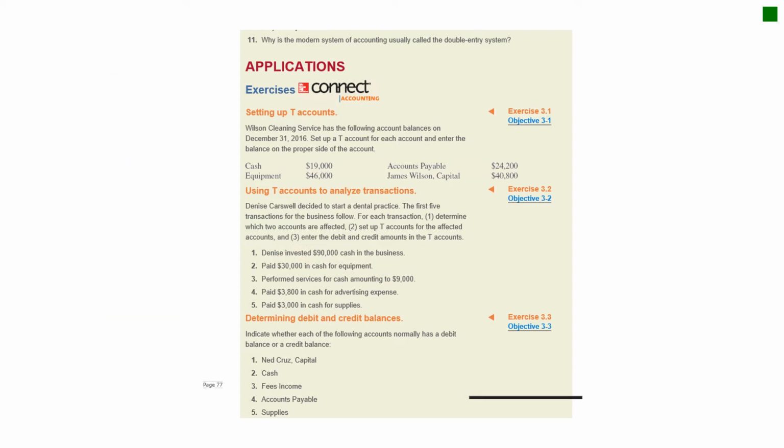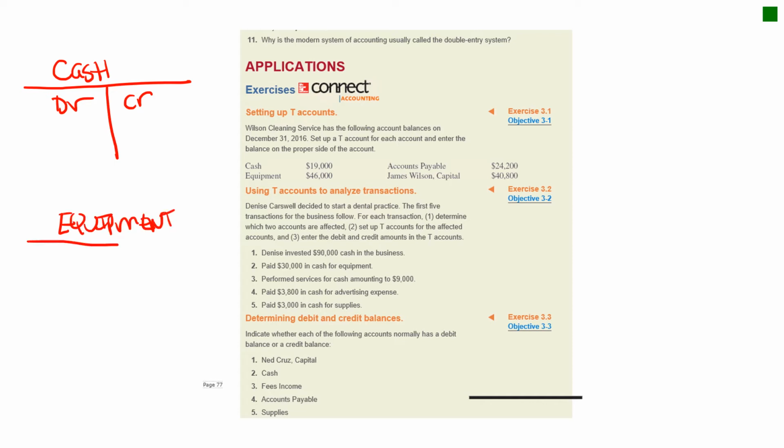On the second one, it said you paid cash for equipment, $30,000. So again, you've got cash. I'm going to set up my T account. Here's my debit, credit. And it looks like they bought some equipment, so I'm going to write the equipment. All right, so again, debit, credit. And remember, these are both assets here.